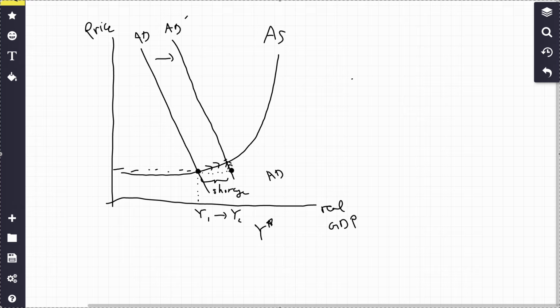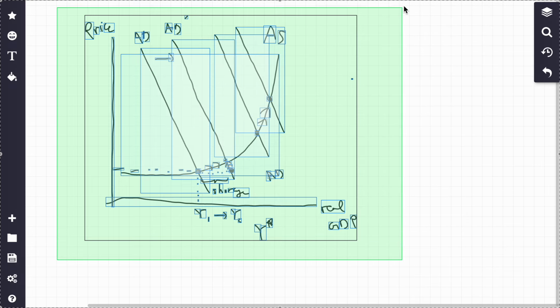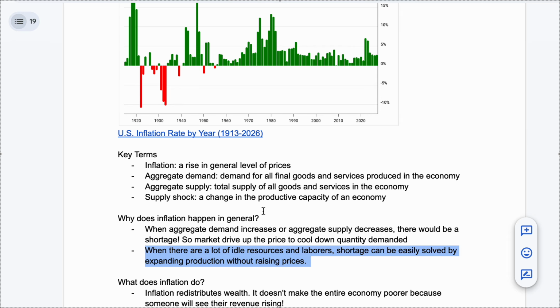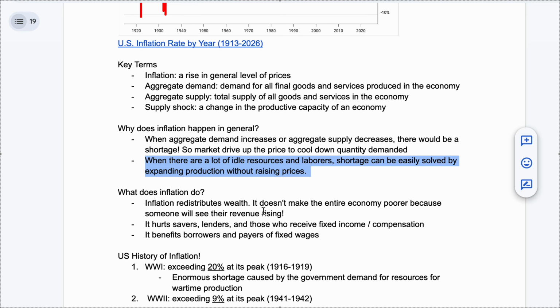But if the economy is already operating at full employment level of output, that won't be easy. There aren't that many resources left for them to use. So price will be driven up as a result. So that's the key thing that we all need to know. Inflation tends to get very high as a result of shortage when the economy is operating at full employment level of output.